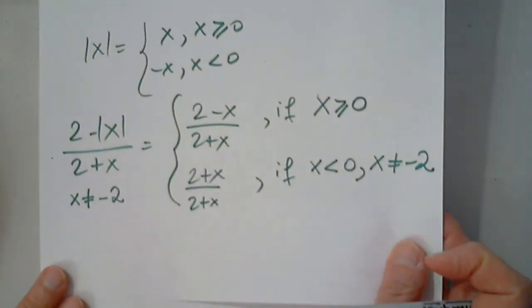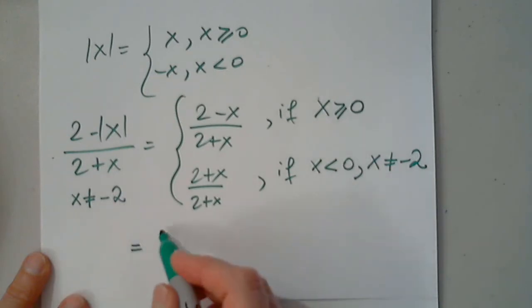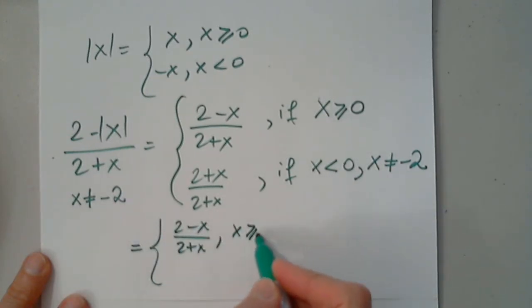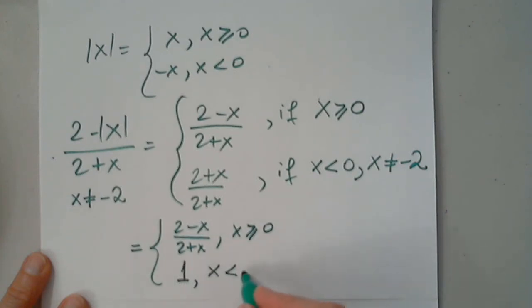Exactly. So the fully simplified form is then 2 minus x over 2 plus x for x greater than or equal to 0, and 1 for x less than 0 but not -2. Good.